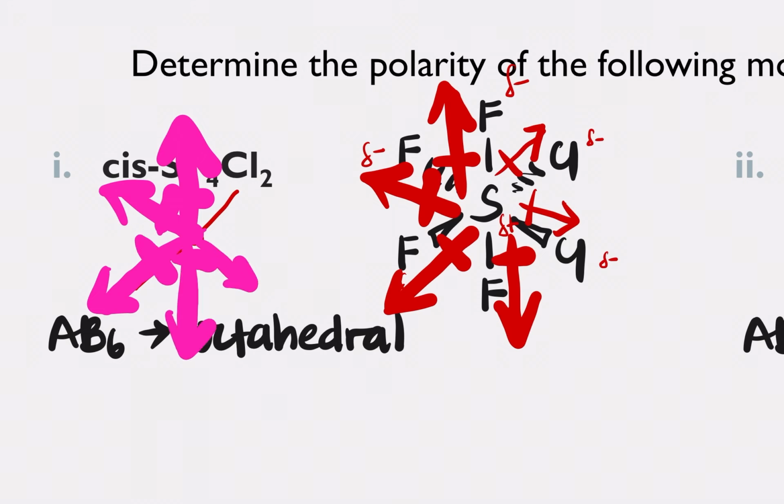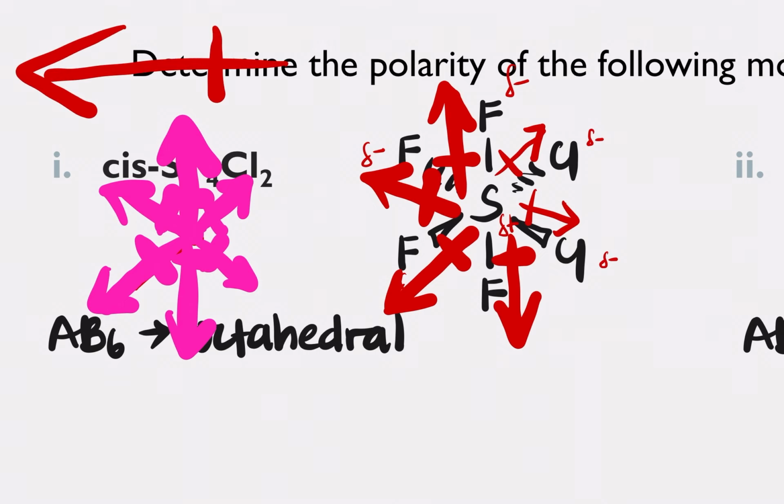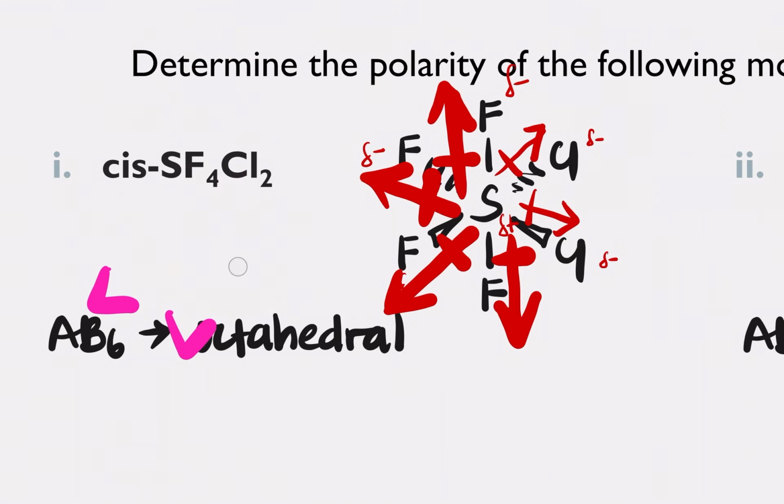Maksudnya ni kecil je. Okay, so in this case, your resultant dipole moment will be towards this side, because your fluorines are much more electronegative compared to your chlorine.